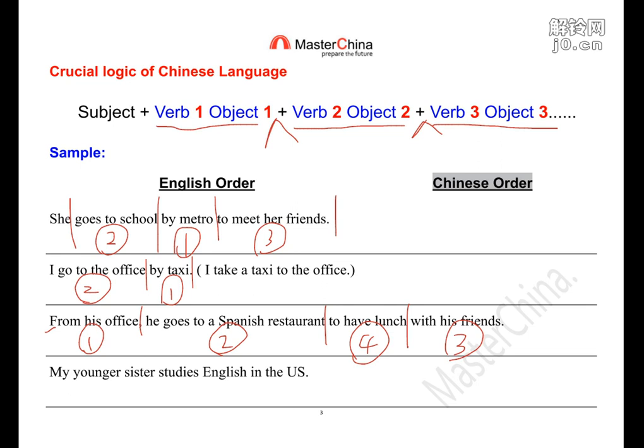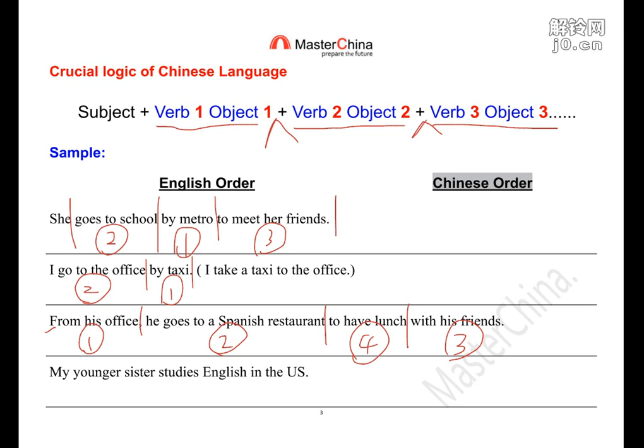My younger sister studies English in the US. So now I want to keep this sentence for a while because I will explain this expression in detail later. Okay, I hope that you understand this principle. This is the most important principle.